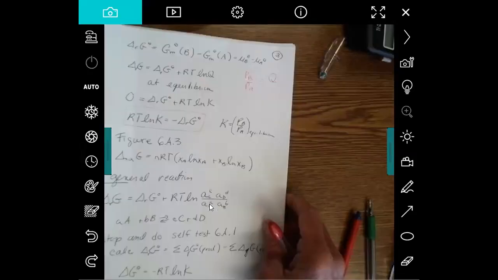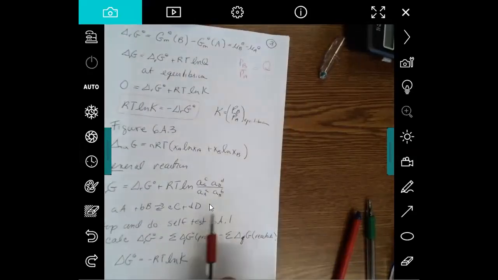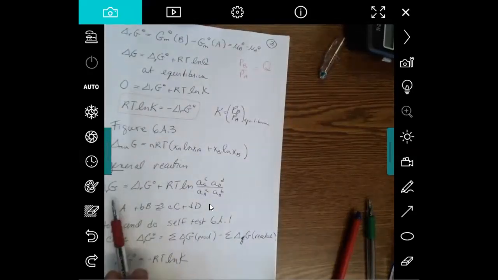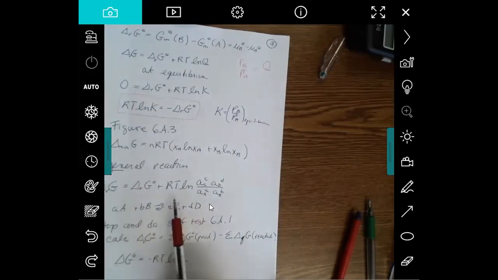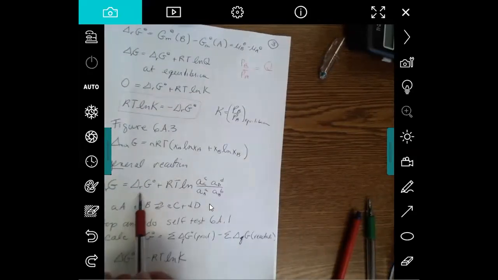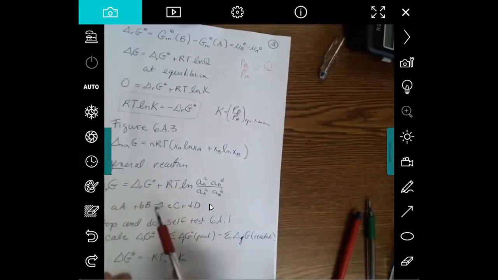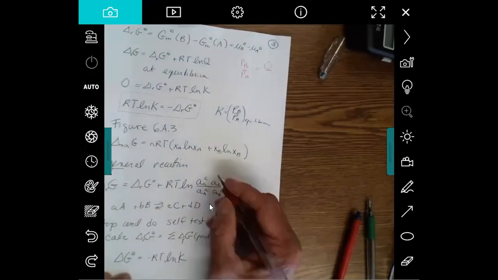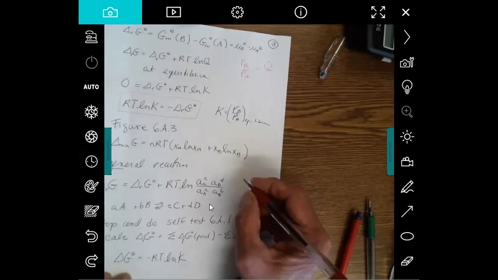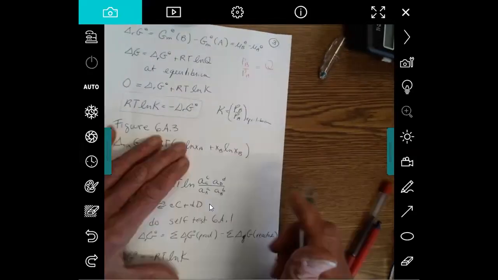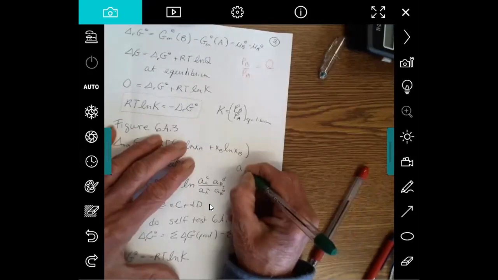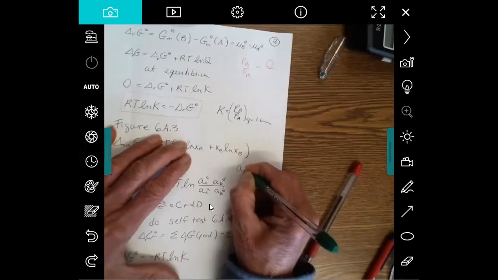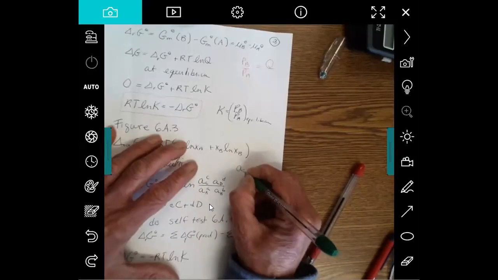For any general reaction, you can go through that same process and you're going to end up with an equation that looks very similar. You're going to have the difference in Gibbs free energy for everything in their standard states. But if we have A's and B's going to C's and D's, remember each of these is a perfect gas.